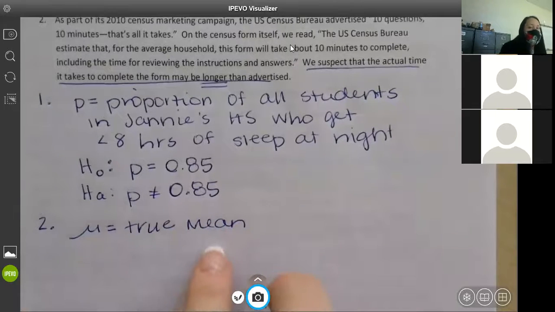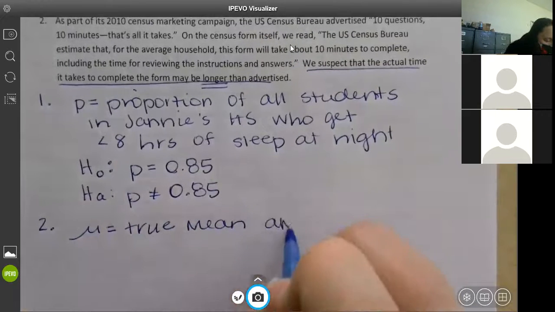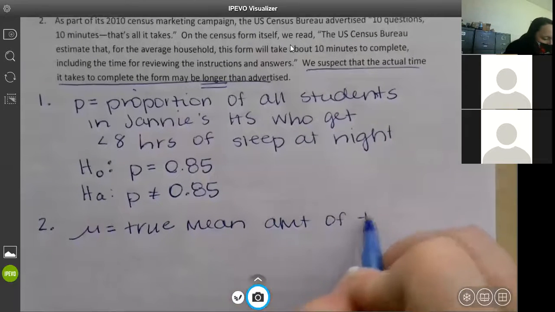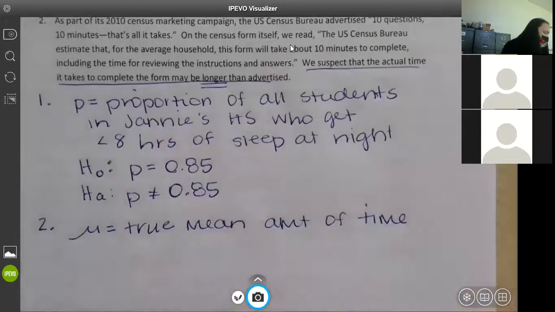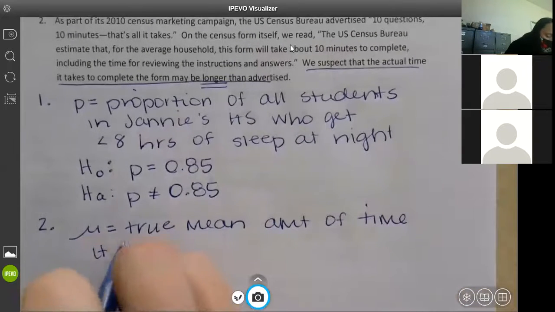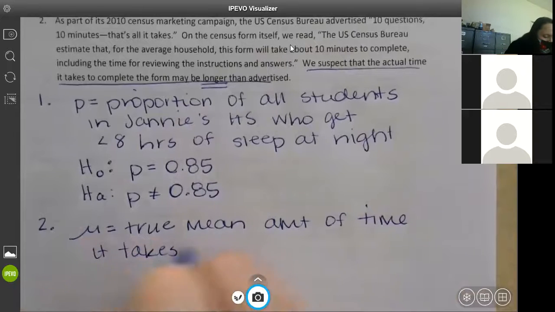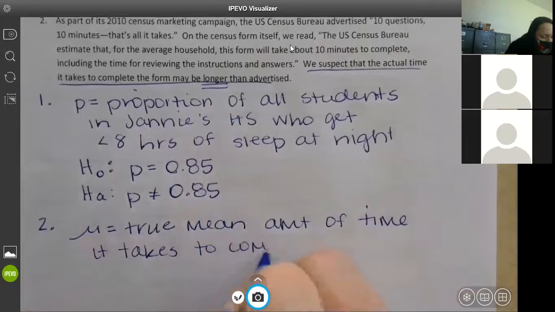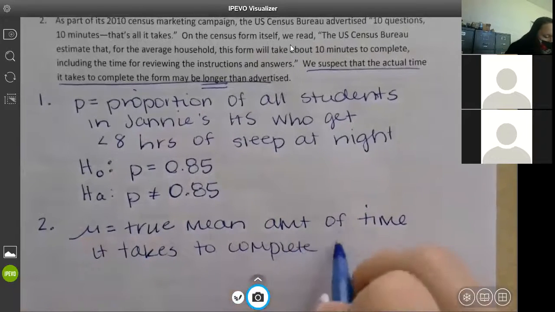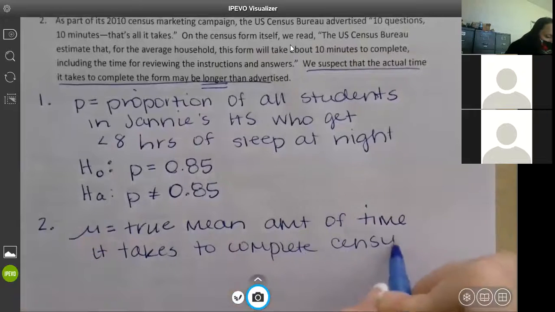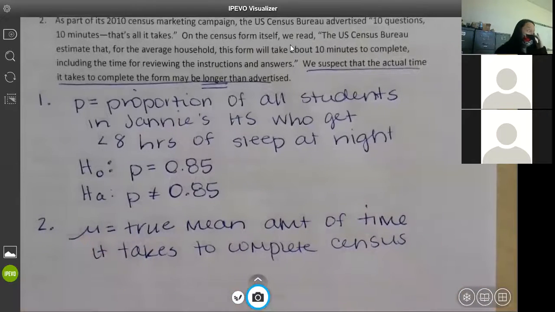And make sure that you write the word mean in there somewhere. So we write true mean amount of time it takes to complete the census. Very good. And again, you could say for the average household.